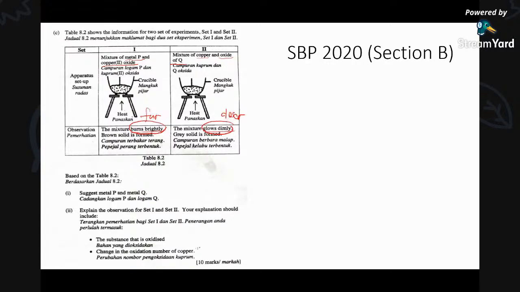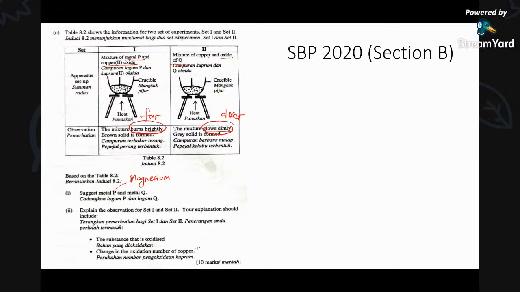This is what you're supposed to know. The distance is not much of a difference. They are quite close. So suggest metal P and also metal Q. You have to find a metal which is far away from copper. So far away from copper, metal P I can say magnesium.